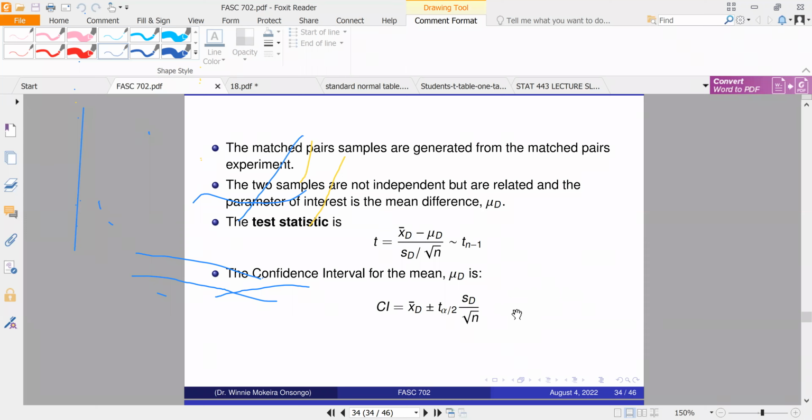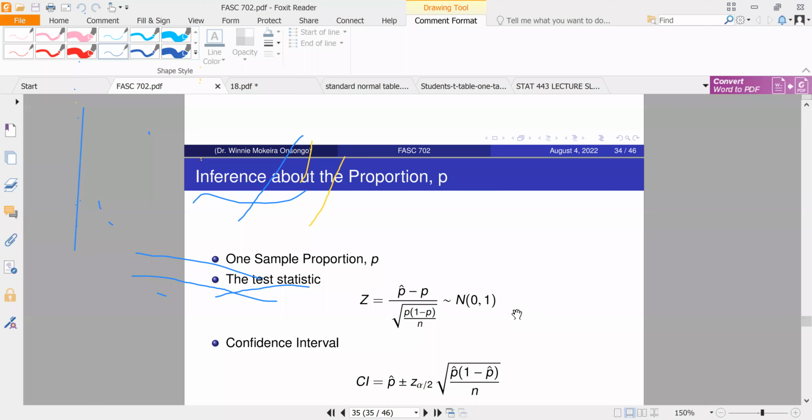Now, with respect to the population proportion, remember that here we were considering a scenario where our population can be divided into two distinct subsets.